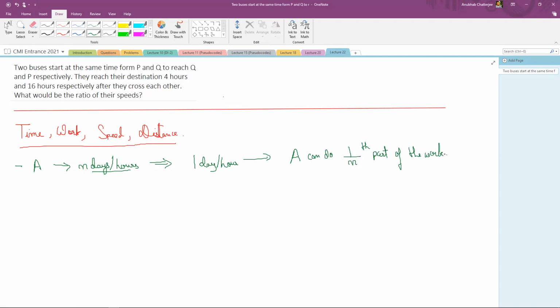Everyone agrees with this? Simple unitary method, class 8 stuff.